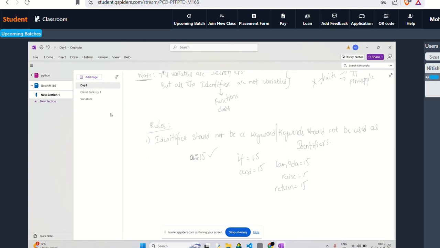See, the task for keywords is fixed, right? But we are trying to store 15 to this if keyword, means we are trying to assign a new task. Storing this value 15 is a new task, right? We are trying to give a new task for these keywords, but the task for keywords is already fixed. So because of that, it will throw an error. Means keywords should not be used as identifiers.